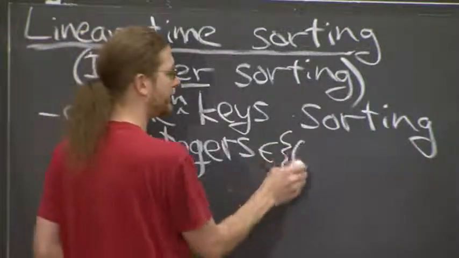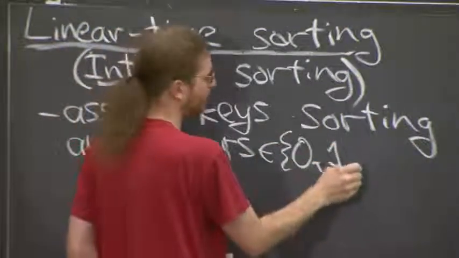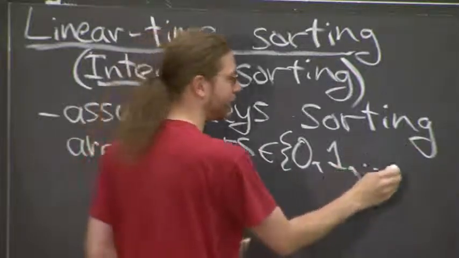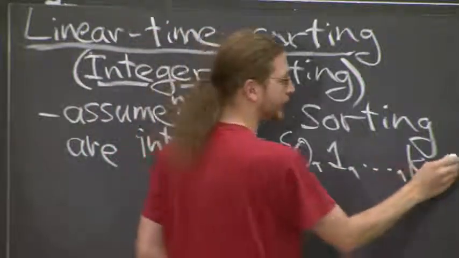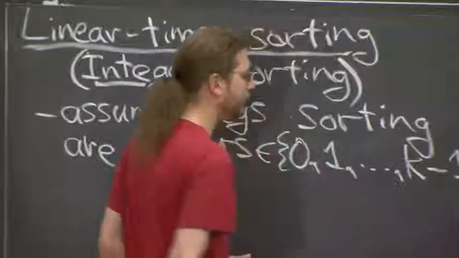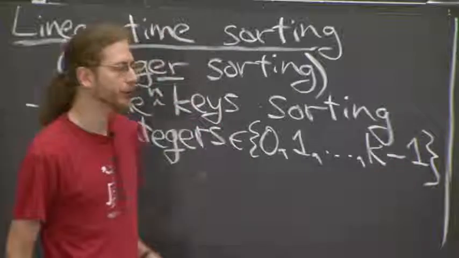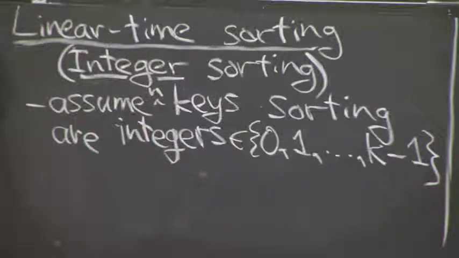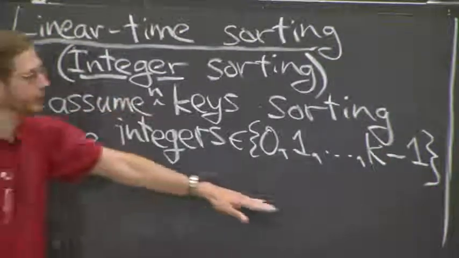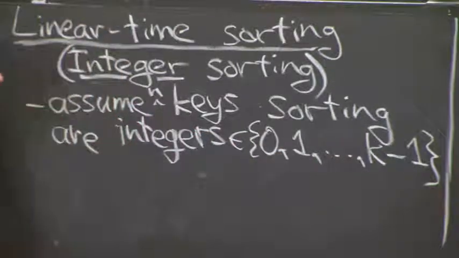And for convenience, I'm going to assume that they're all non-negative. It's not hard to deal with negative numbers, but it's just convenient to think about non-negative numbers. So if we start at 0, there's some maximum value, say k minus 1. So there's k different values they could be. K could be anything. It's a parameter. We've always had n as a parameter. Now we're going to also have k as a parameter.